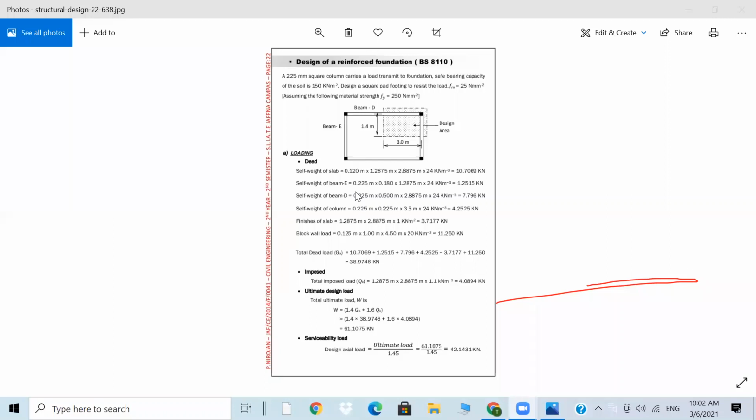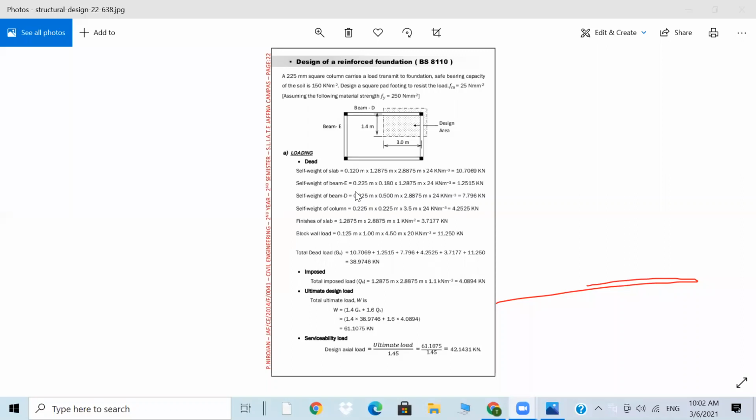Loading, the dead load, self weight of the slab: you can assume here the slab is 0.12, meaning 120 millimeter, times 1.85 times 2.8 times 24, where 24 is the density of the concrete. So this is the effective area for the column, and we will find all the load.